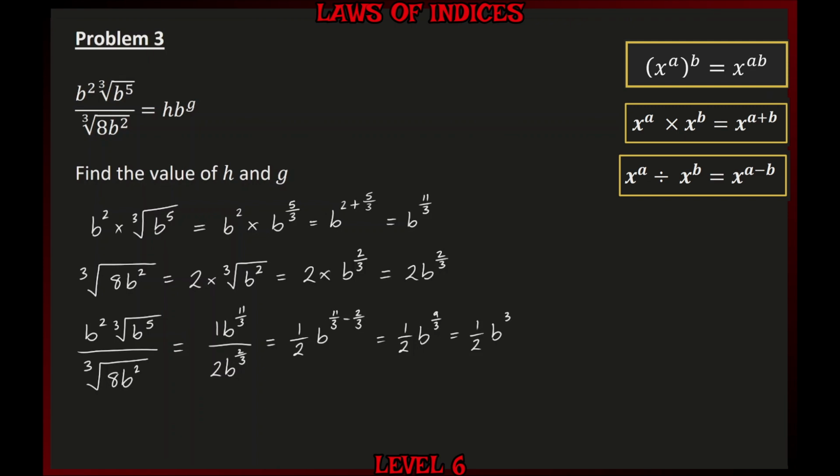So we end up with a half b cubed from our fraction. Now we know that this should be equal to hb to the power of g, because we're given that in the question. So comparing the two sides of the equation, we can get to our final answer, which is that h is equal to a half and g is equal to 3.